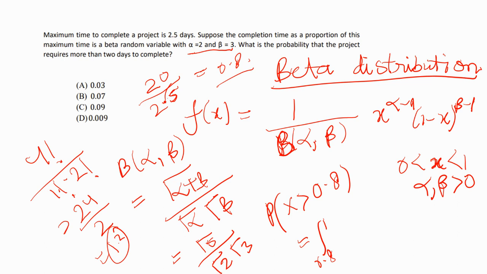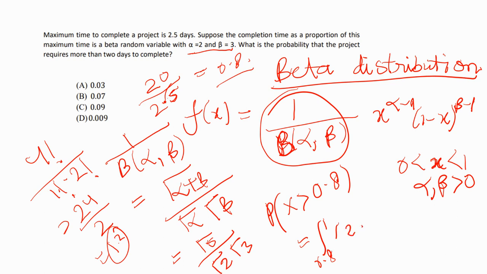I'm sorry, it is 1 upon B(alpha, beta), where B(alpha, beta) is gamma alpha gamma beta divided by gamma(alpha plus beta). So 1 upon B(alpha, beta) will be 12.